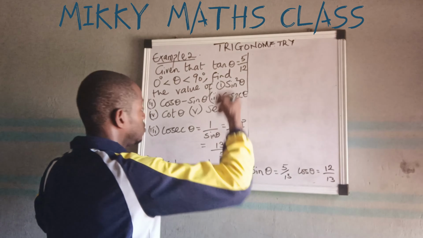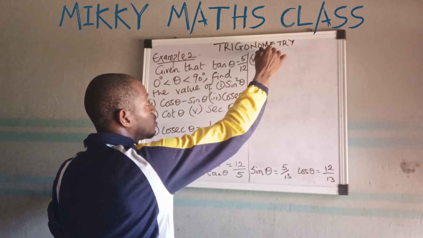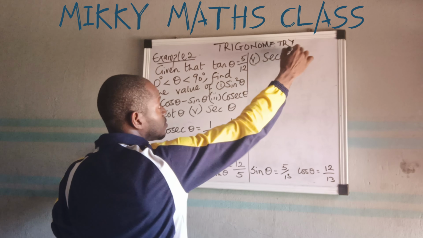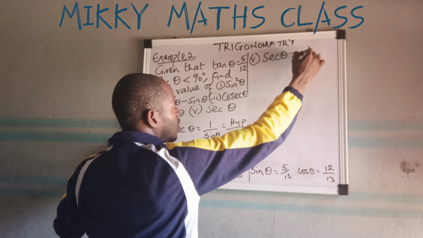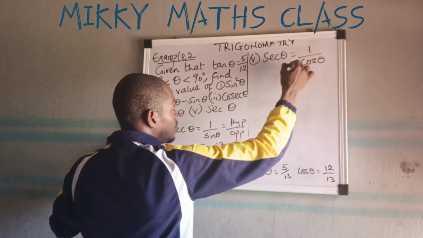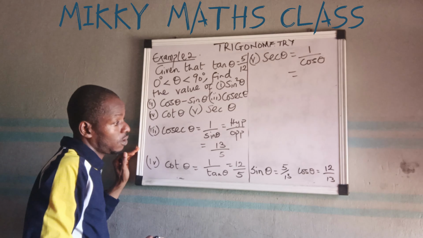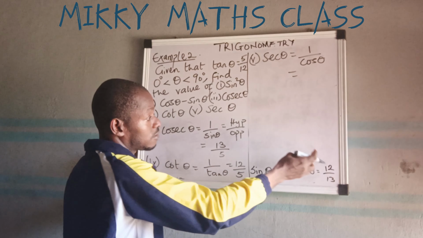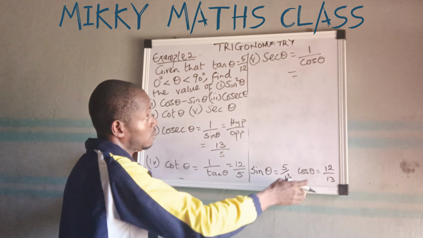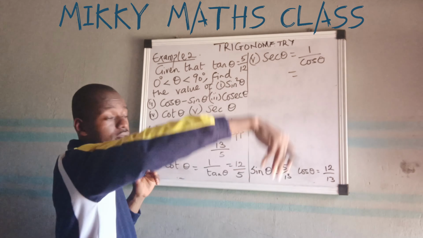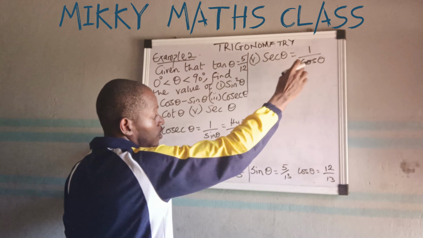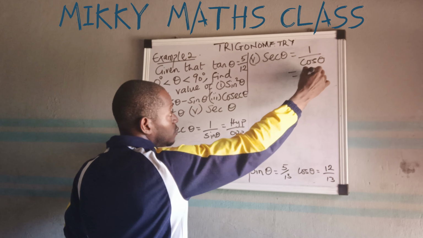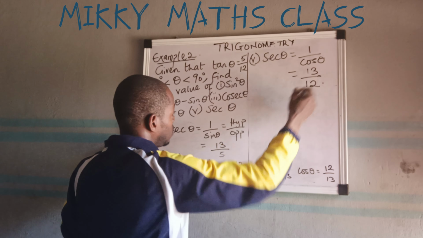The last one, secant theta. Our sec theta is the same thing as 1 over cosine theta. And from here, we already know our cos theta. Our cos theta is adjacent over hypotenuse. So secant theta will be the inverse. So our secant theta is 13 over 12.